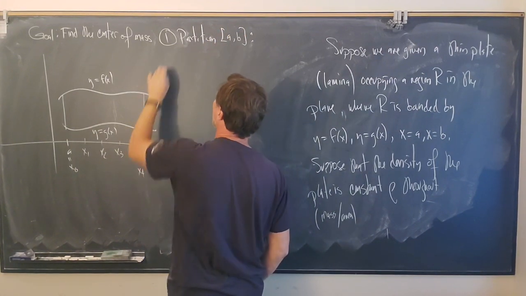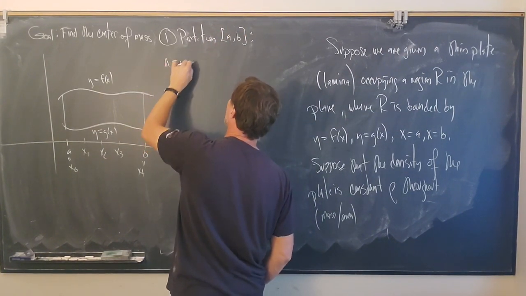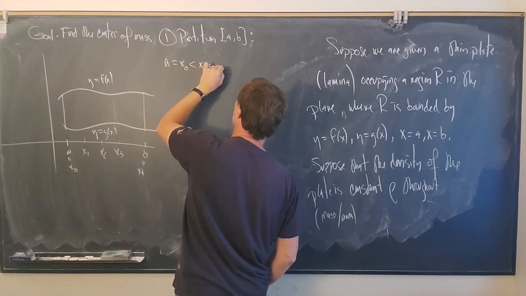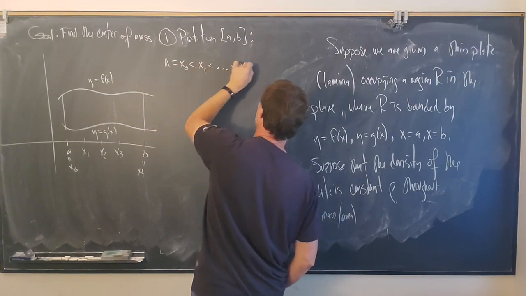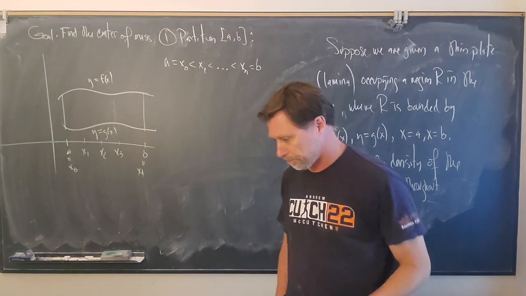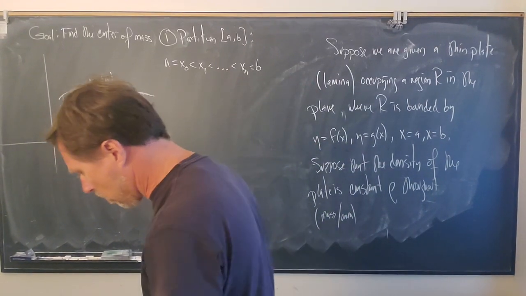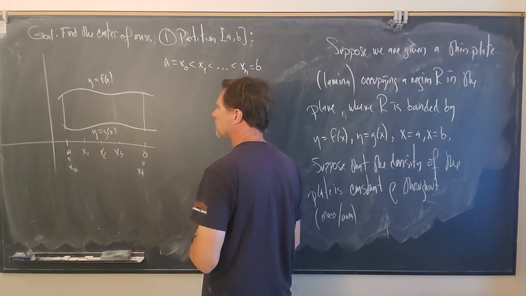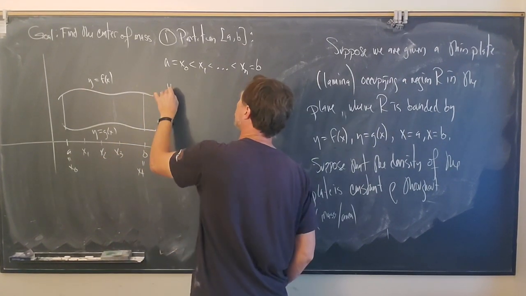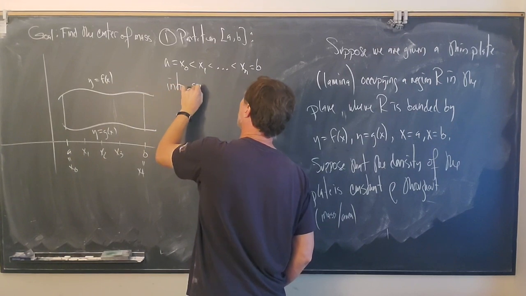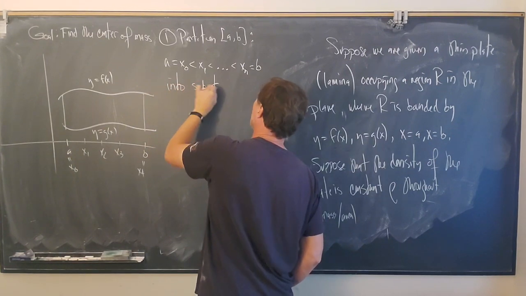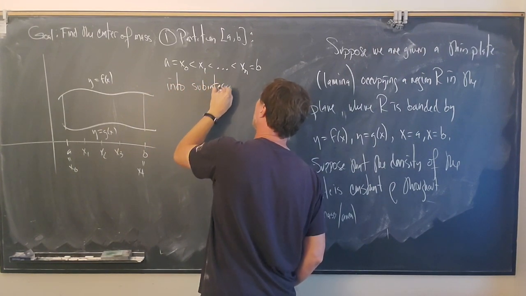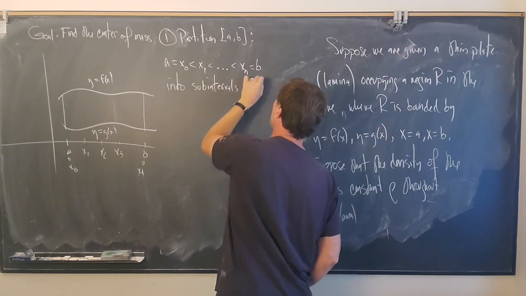So we'll have A equals x0 less than x1 dot dot dot less than xn equal to B. Now, as usual, these will be subintervals of length delta x.